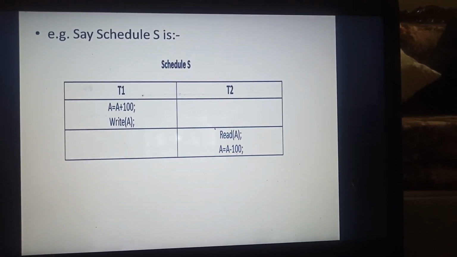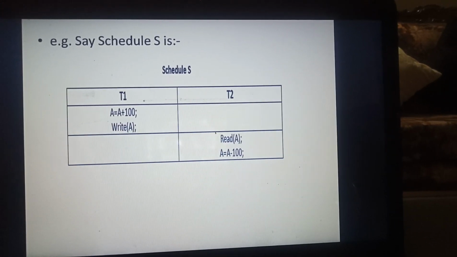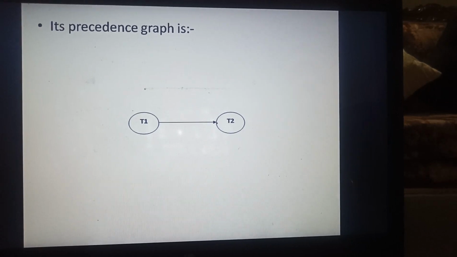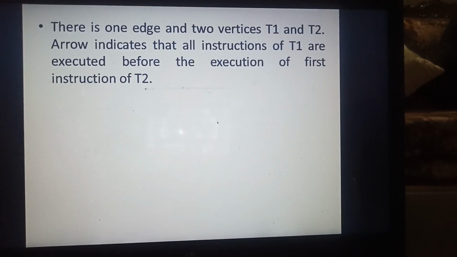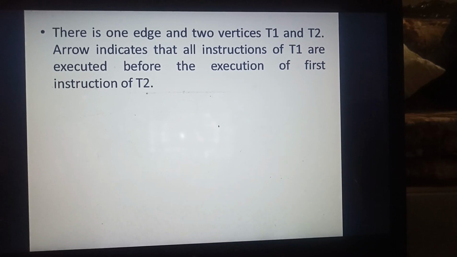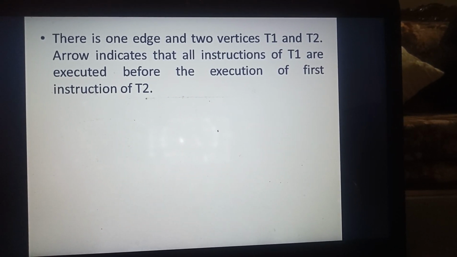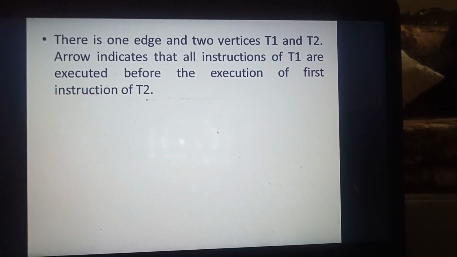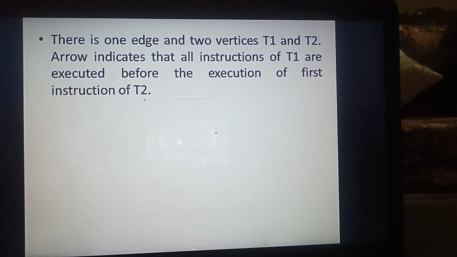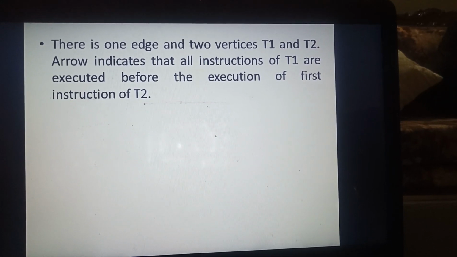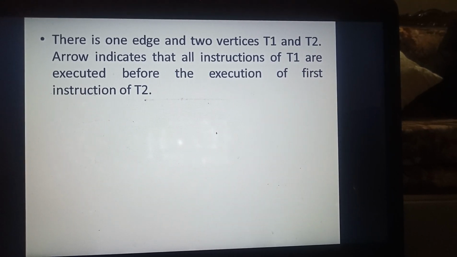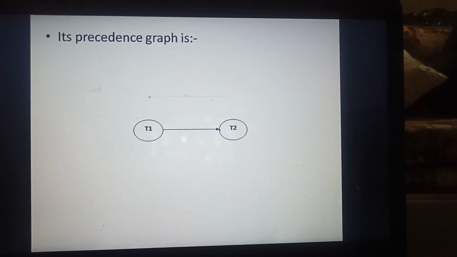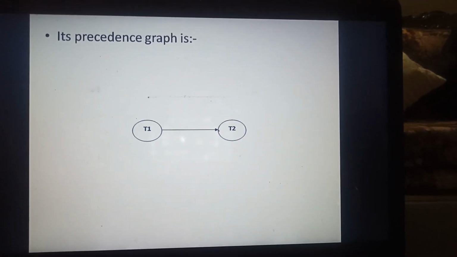After that, T2 will start. So the precedence graph will be like this. The edge will be from T1 to T2. Why? Because there is one edge and 2 vertices T1 and T2, and the arrow indicates that all instructions of T1 are executed before the execution of the first instruction of T2. You have seen that T1 is executing first, and after that T2 will start. So the edge will be from T1 to T2.